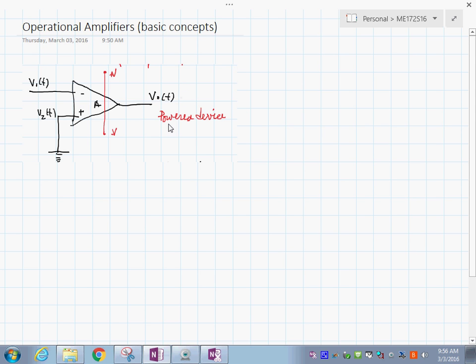So how can we write the equations of the system? First of all, let's describe what the input is. Let's call it the characteristics of this element. So let's write first what the input to this is. The input is V sub 2 minus V sub 1.